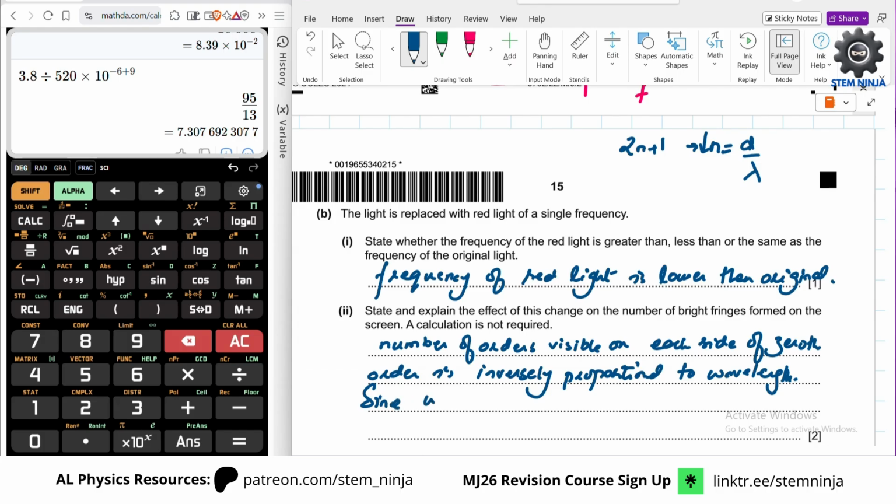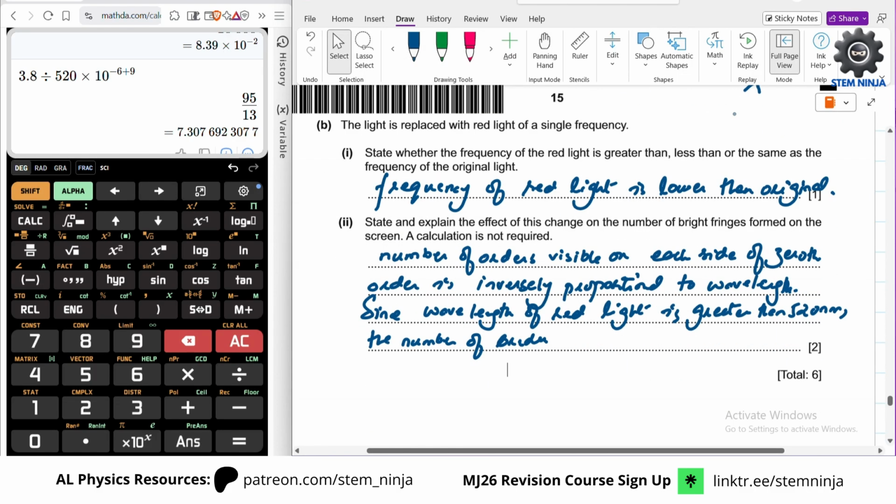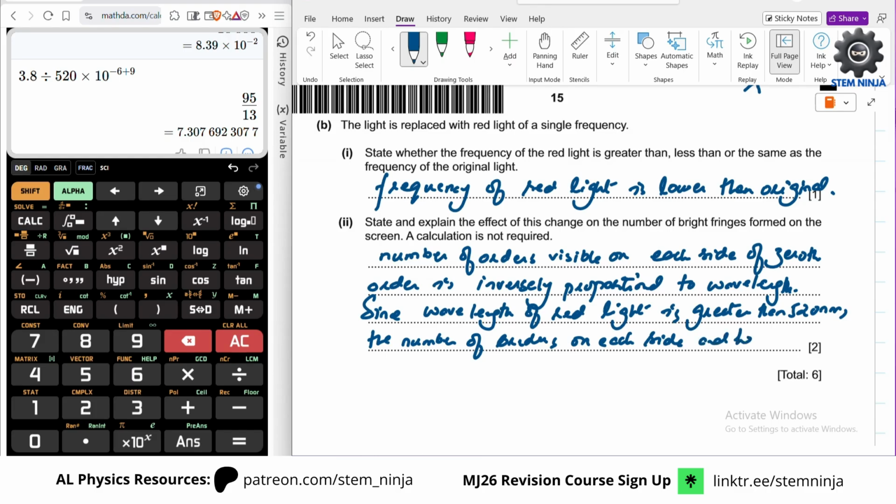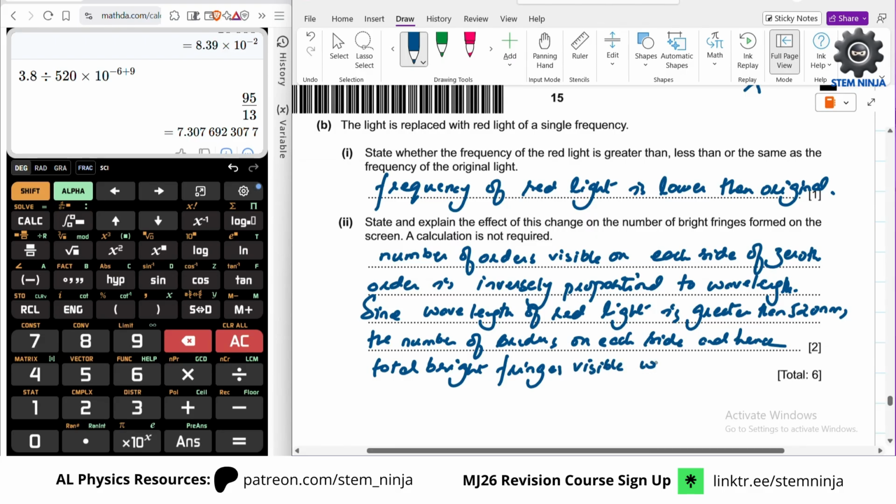since the wavelength of red light is greater than 520 nanometers, the number of orders visible on each side, and hence the total orders visible, or total bright fringes visible, will be lower.